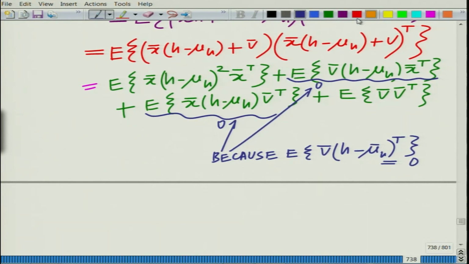Why is that? Because the noise and the parameter to be learnt are uncorrelated, or often in fact independent.